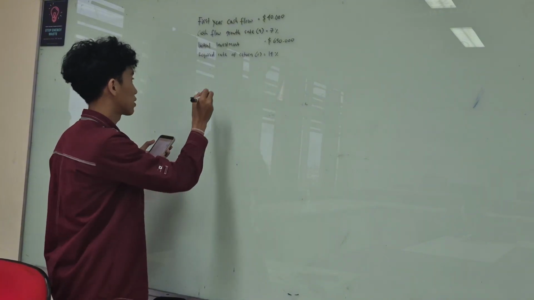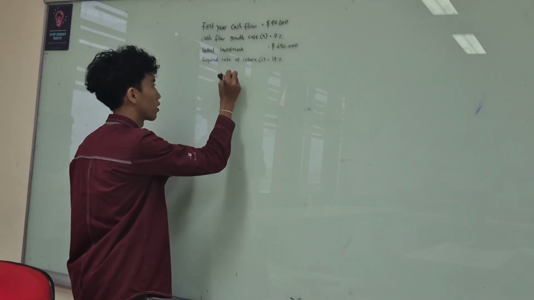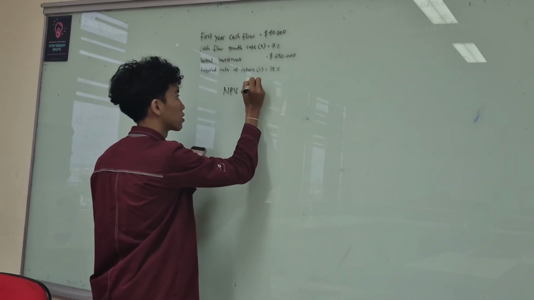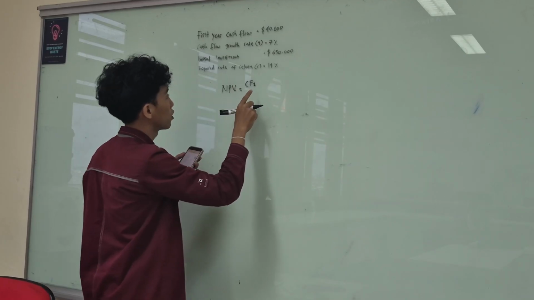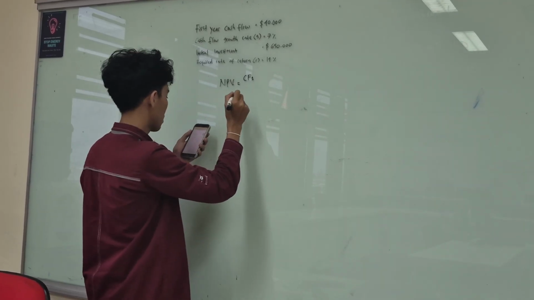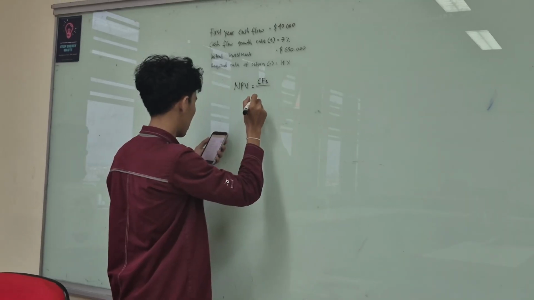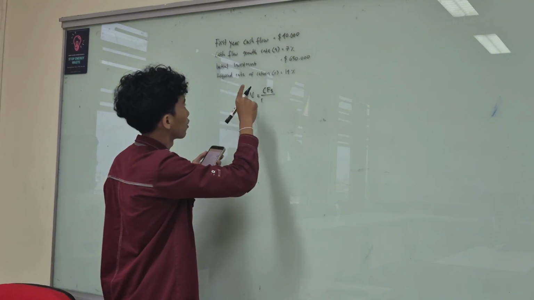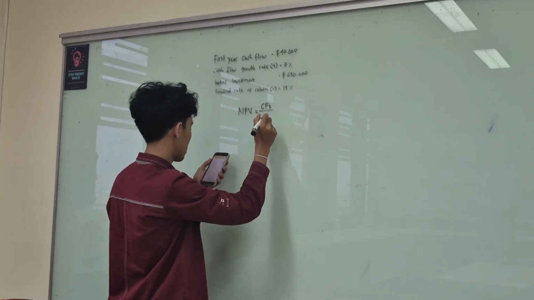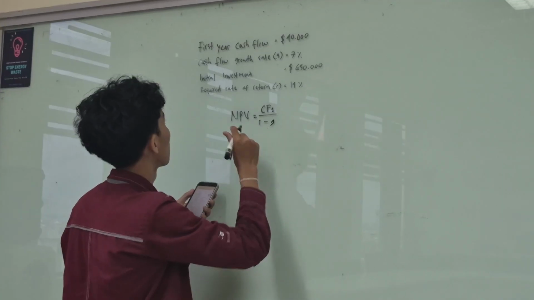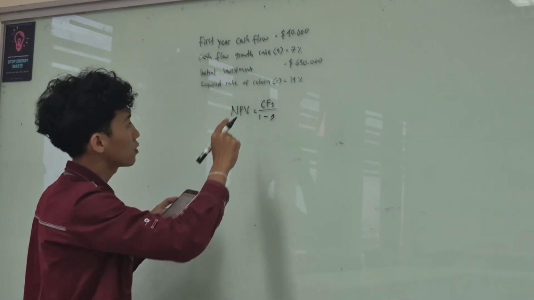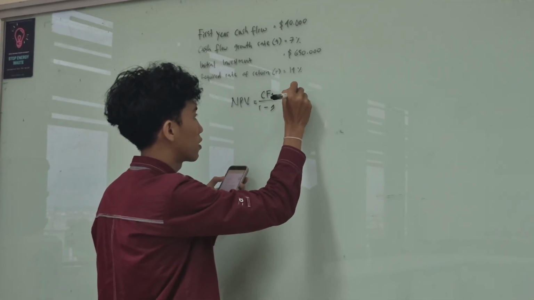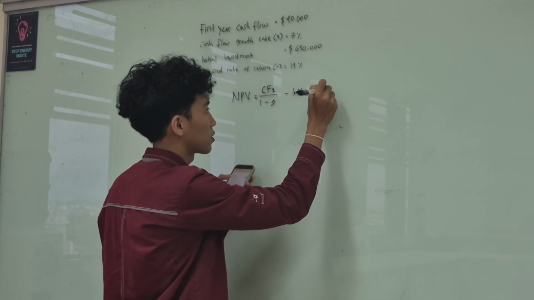The formula is NPV equals CF1, or cash flow first year, divided by R, or required rate of return, minus G, or cash flow growth rate, minus the initial investment.